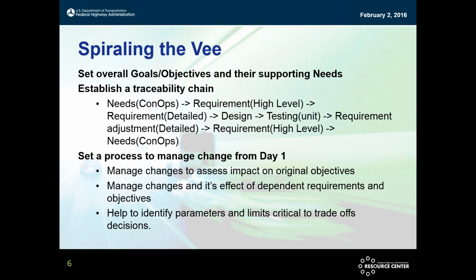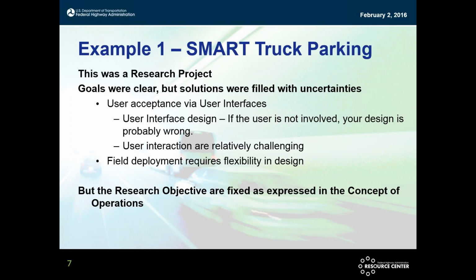Again, a lot of this goes back to what Phyllis talked about, beginning with parameters and limitations. You're going to need to do some trade-offs. In every single project, there have been times when you need to trade something off. Without that initial information, you're not going to be able to. So to start off, the first example is a research project for smart truck parking.